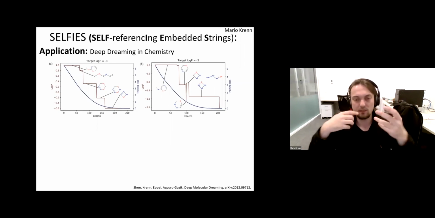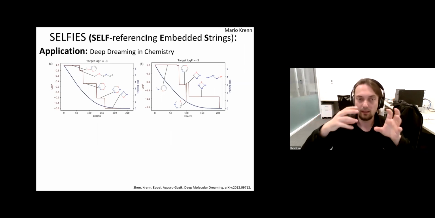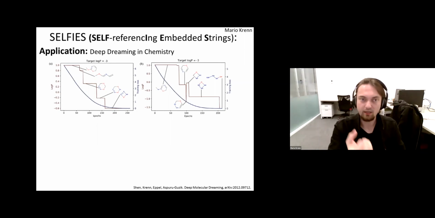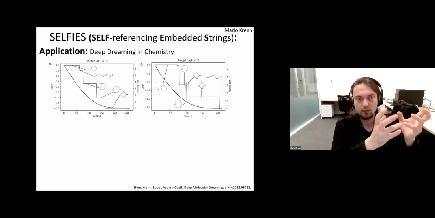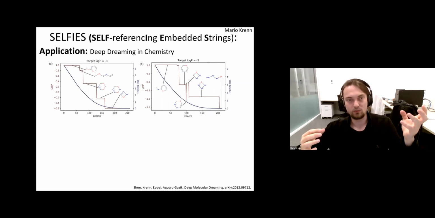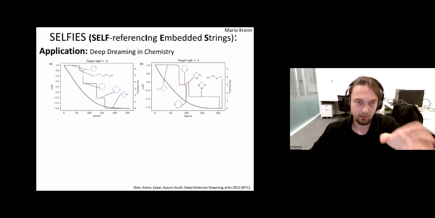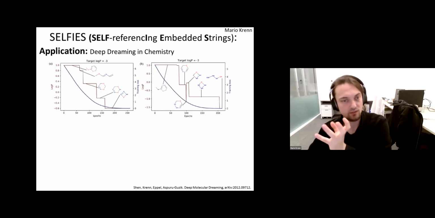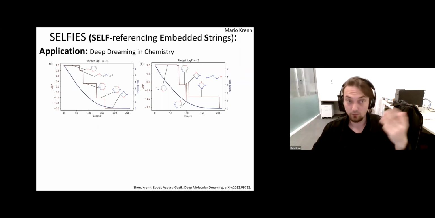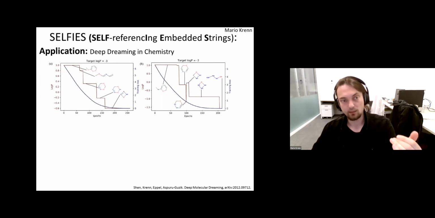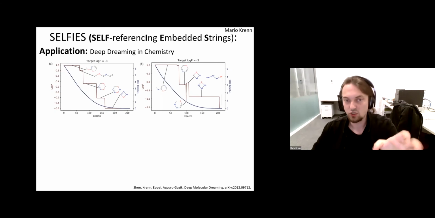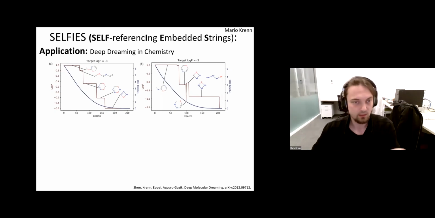And while the loss decreases, the one-hot encoding changes continuously, and then it stepwise changes the molecule from this initial structure to a different structure. And this is what happens. There are 5 or 6 intermediate steps until it reaches this final good molecule, which actually has a much lower log P value than the initial value. And this is not cherry-picked. This is basically what happens most of the time.